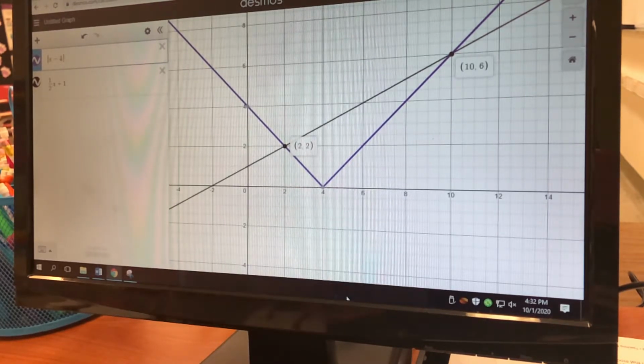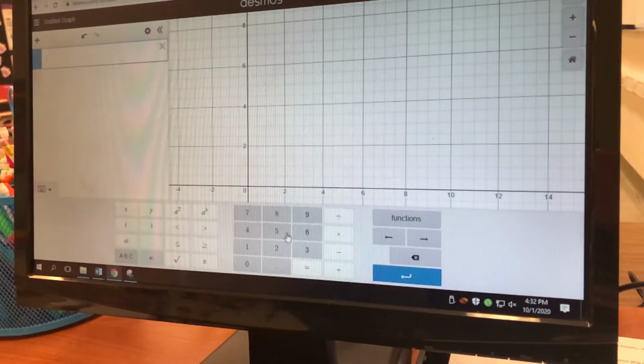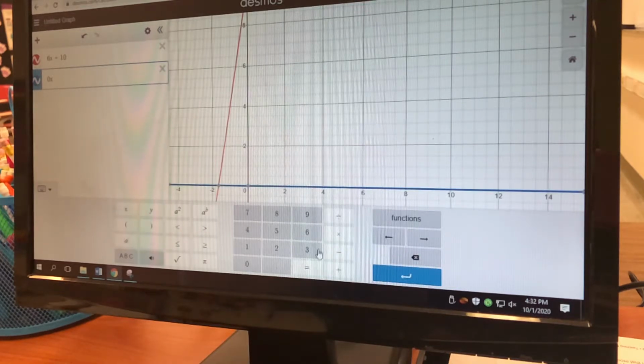All right, let's try the next one. It says 6x plus 10 equals negative 20. So 6x plus 10, and then negative 20. This is one of those constant ones, so if you're using Desmos, you have to do 0x minus 20.